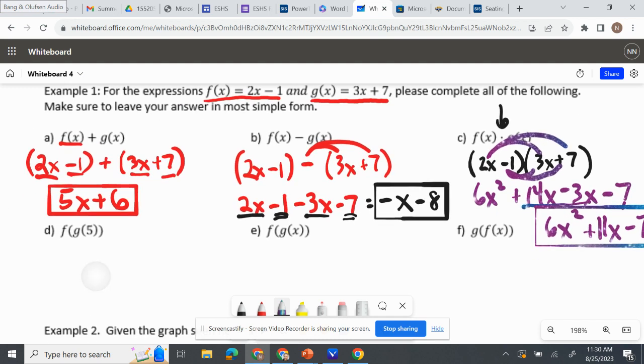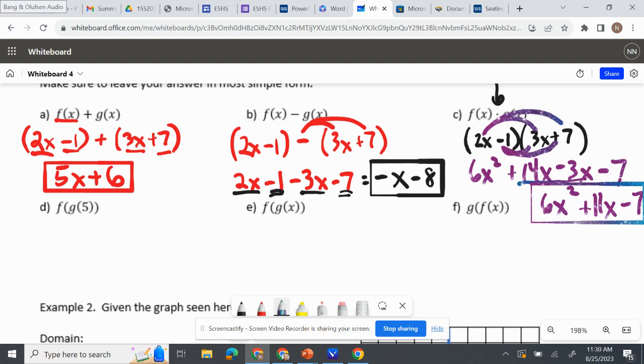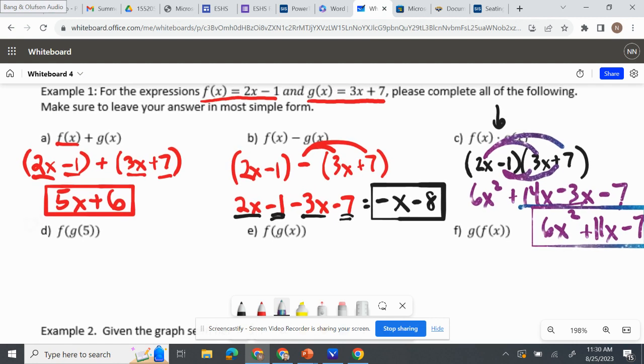Now, looking at the next ones, these are composite functions. With the composite function, it means we're plugging a function into a function. We always start in the middle. So with this first one, we have 5, and we're going to plug that into our g equation. So g of 5 is equal to 3, but instead of an x, I'm going to put a 5, plus 7. 3 times 5 is 15, plus 7 gives me 22.